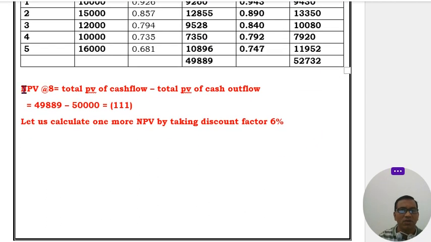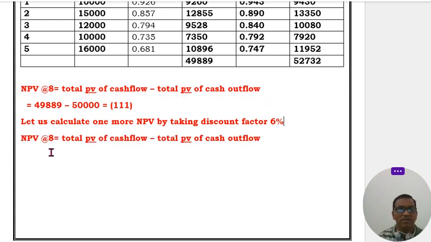Now calculate one more NPV at the rate of 6%. Total PV of cash flow, 52,732, minus cash outflow, the cost of the project, 50,000, equals 2,732. This is positive, and the other you got negative.